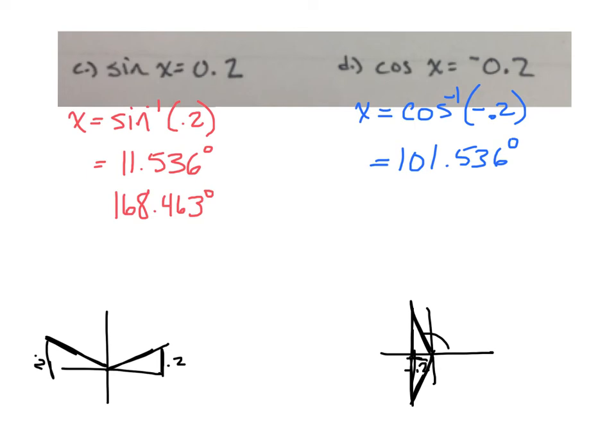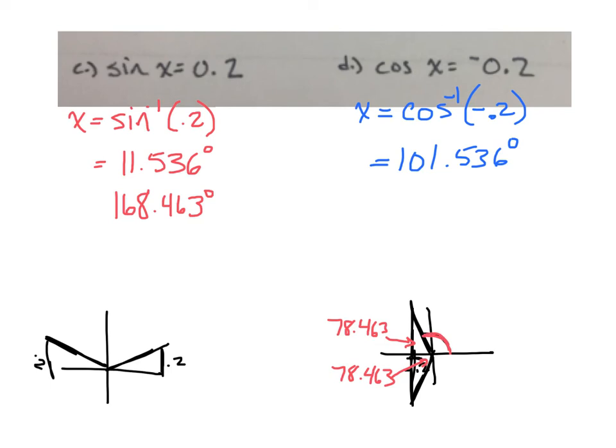Looking at reference angles, since the angle we're looking at is 101.536, its reference angle is 78.463, which means this angle right in here is 78.463. Similarly, this angle right inside of there would be 78.463.